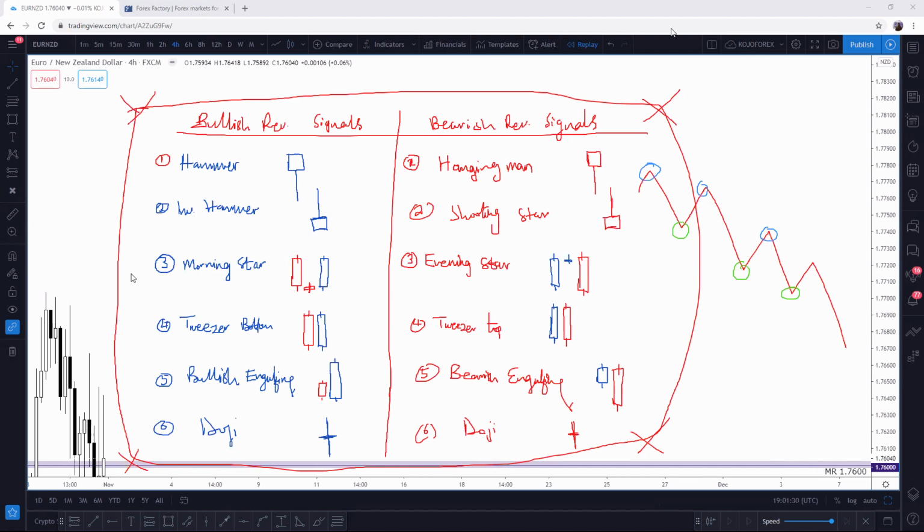If you're looking for the hanging man, this is how it would look. And this is how a shooting star would look. But if you're looking for a bullish signal with a hammer, this is how the hammer would look here.